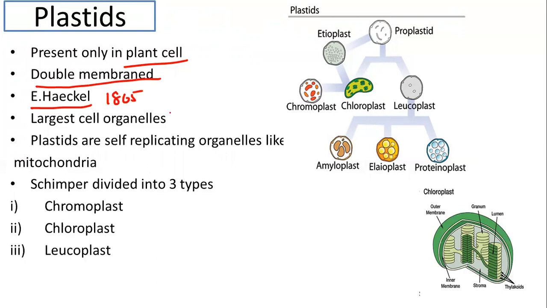He gave the term plastid, and plastid is also one of the largest cell organelles. Remember this, the largest cell organelle in a cell is the plastid, and the smallest cell organelle in a cell is the ribosome.